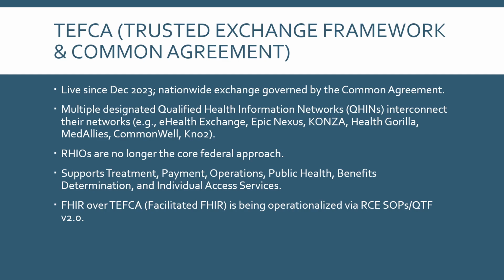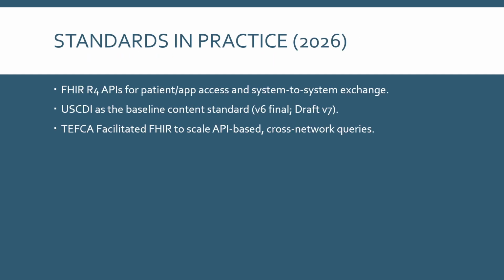This supports treatment, payment, operations, public health, benefit determination, individual access services. It's a really big and robust framework for different transactions, and the standard that is facilitating this is FHIR. And they have different versions, and the one that is effective right now is version number 2.